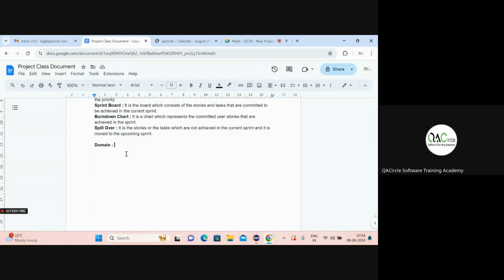It is a service. So basically, a domain is used to identify the service which is provided with the help of the internet. Without internet, will we be able to use any particular domain? No, right?